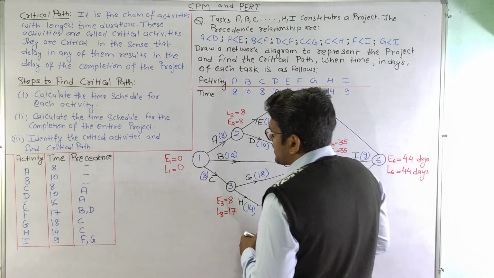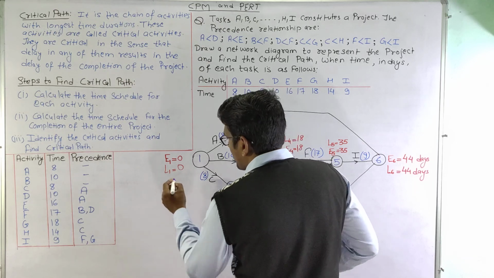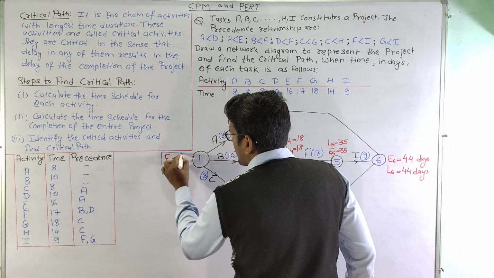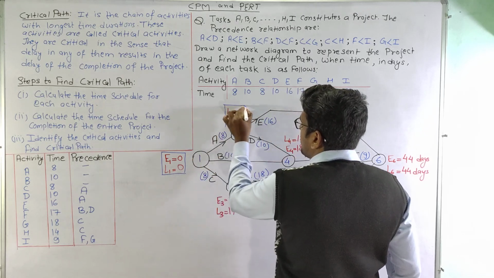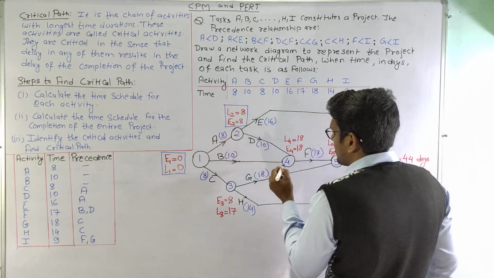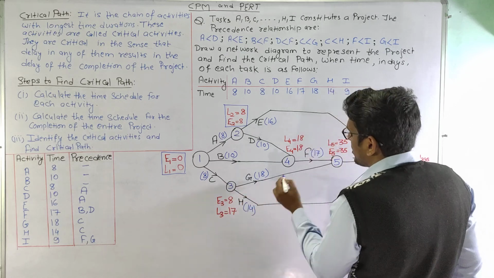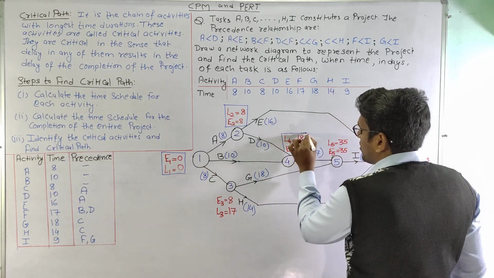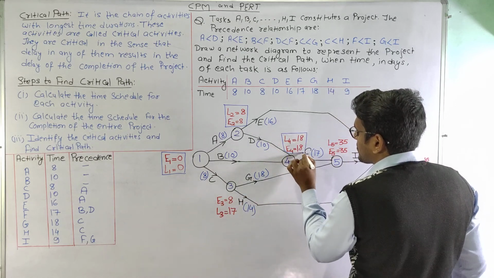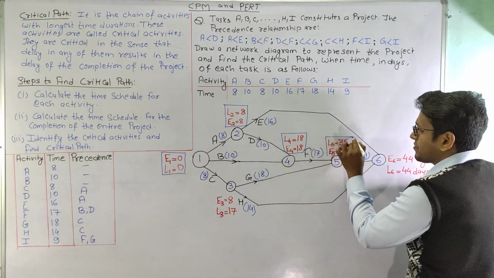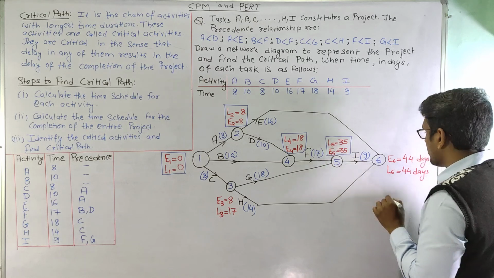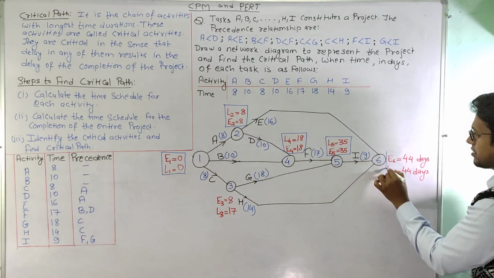So we can see that at this particular node 1 they are equal, at node 2 they are equal, at node 3 they are not equal, at node 4 they are equal, at node 5 they are equal, and at node 6 they are equal.